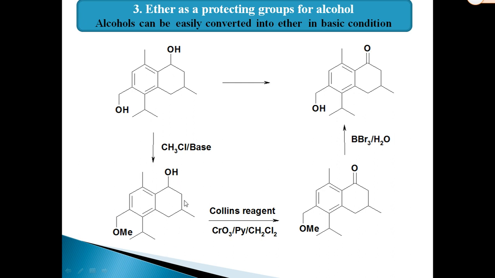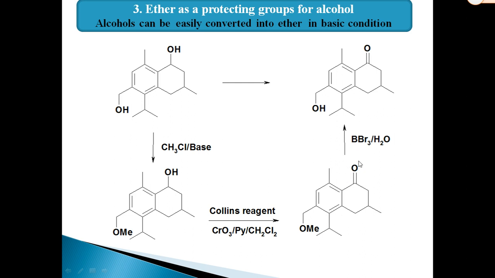Now on reaction with Collins reagent, chromium trioxide in presence of pyridine and dichloromethane, this hydroxy group gets oxidized into the ketonic group. Here we selectively oxidize this hydroxy group by protecting or deactivating the other hydroxy group. Now it's time to deprotect this hydroxy group because our reaction is complete here.